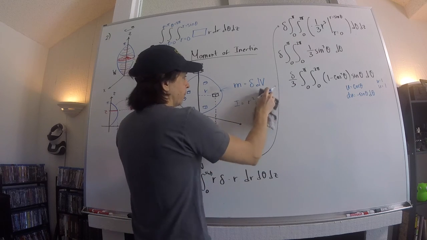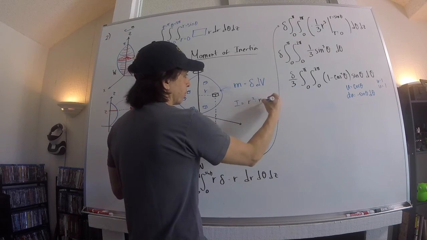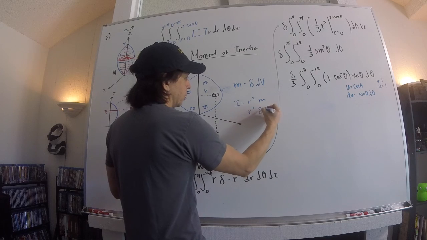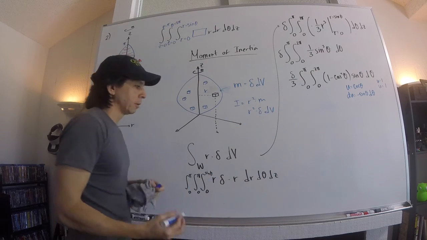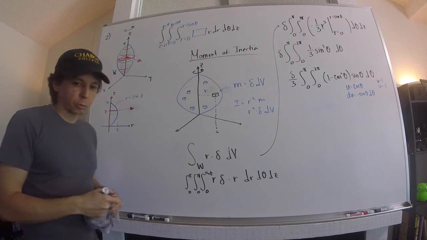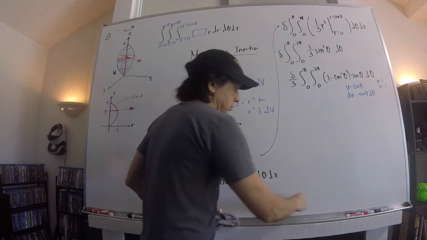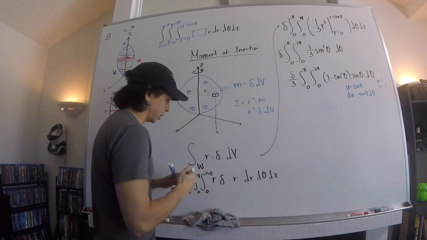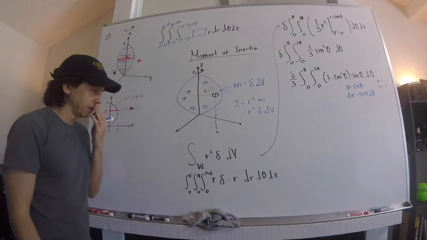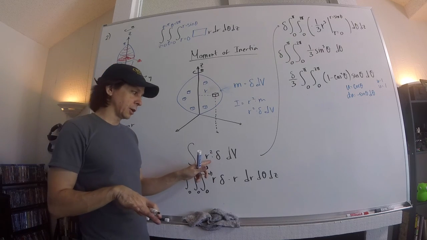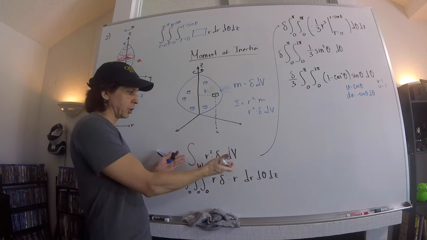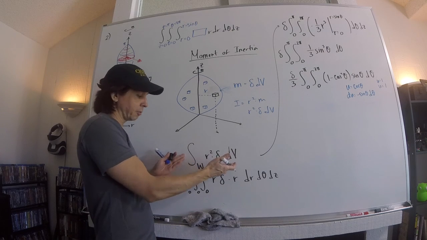Let me write it out. Which means it's radius squared times delta dV. Okay, so I just missed a squared, which means my integrand is delta r squared. That's before I decide I'm going to do cylindrical. That's me just setting up a generic integral over a volume of a solid.